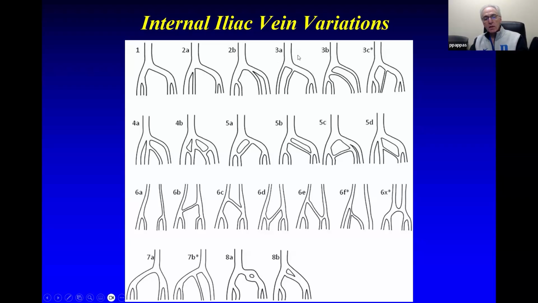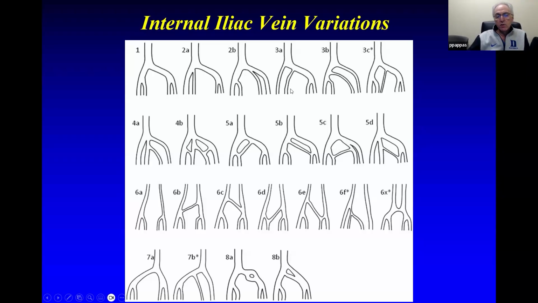3A is probably the most common variation that I've seen when I'm doing venography, where the right internal iliac vein is actually coming off of the left common iliac vein. This is a very, very frequent finding, and it causes confusion sometimes, especially when you're doing iliac vein stenting, because you can cover the iliac veins, which is fine, but this oftentimes causes confusion when you're trying to find the internal iliac vein.